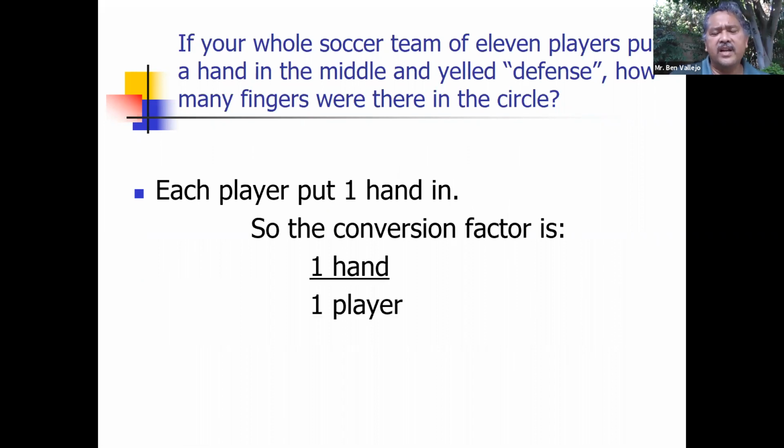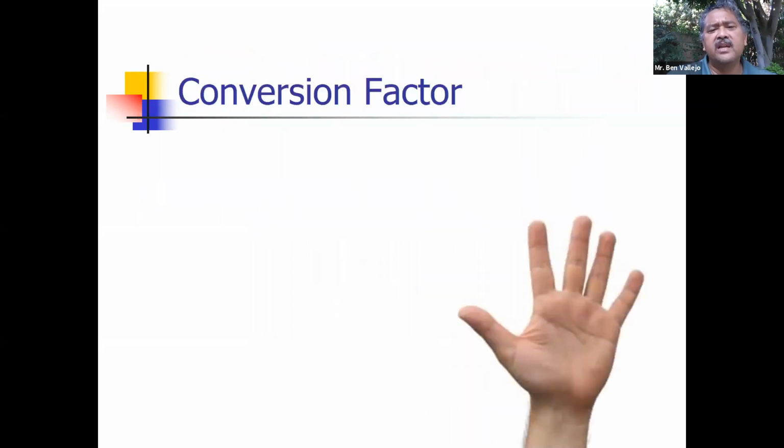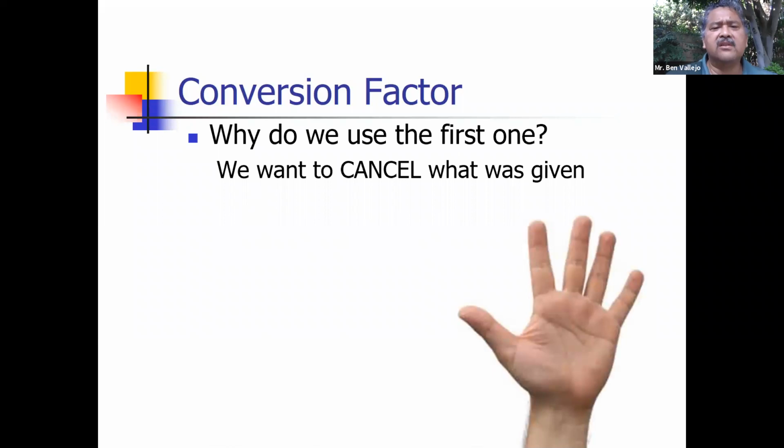All right, so each player put one hand in. So the conversion factor is one hand over one player. Or you could also write it this way, one player over one hand. The question is, well, which one should I use? And I will tell you, because we're just learning this, that this first one is the one we should use. One hand over one player. Why? Because we want to have it in such a way that the player cancels out.